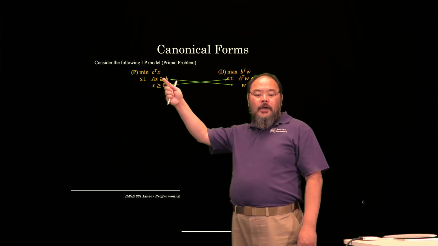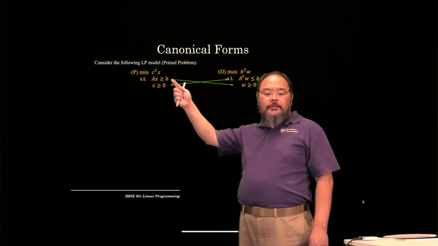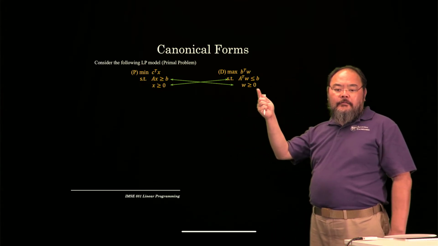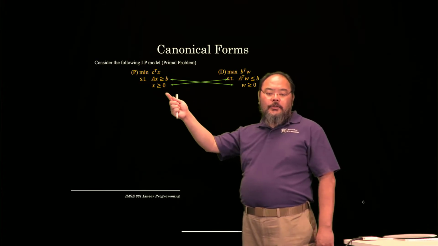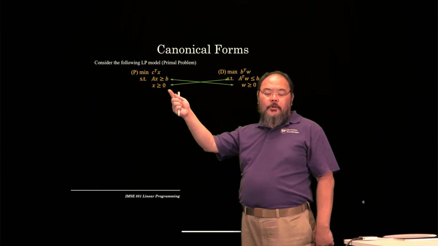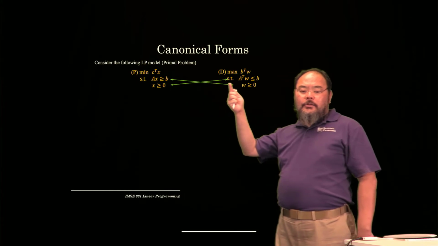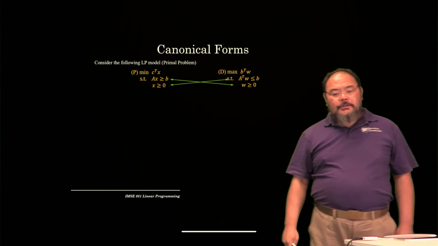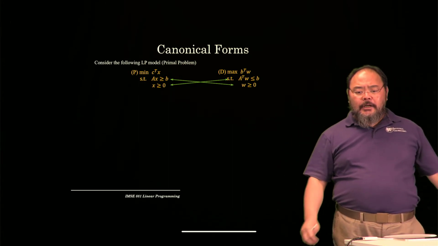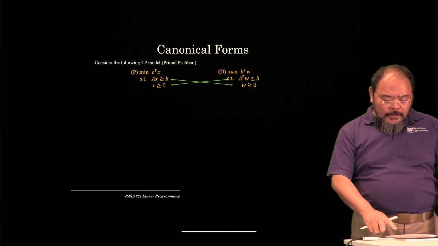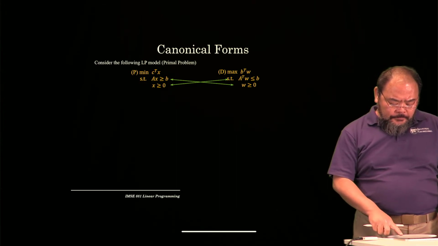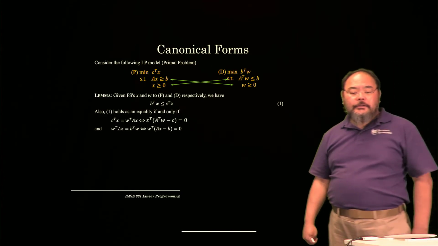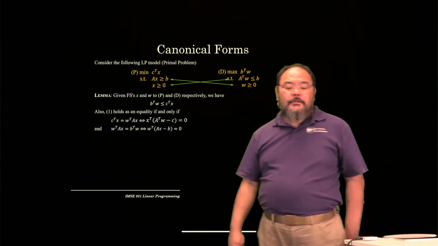For a minimization problem, if your primal constraint is greater than or equal to, then your corresponding dual variable will be non-negative. If your primal variable is non-negative, then your corresponding dual constraint will be less than or equal to. This is just for the case we're developing. However, later on we're going to generalize this concept for other different situations.